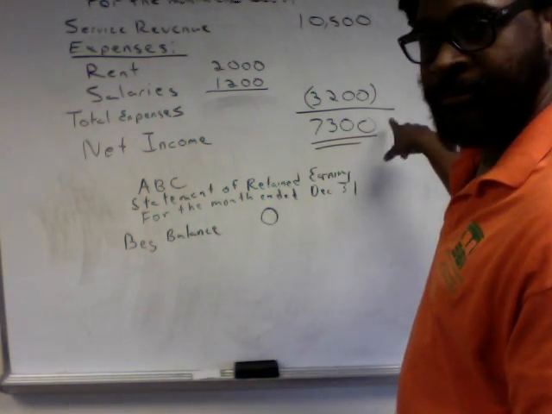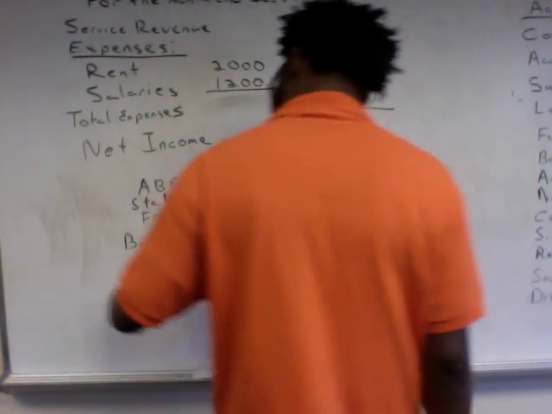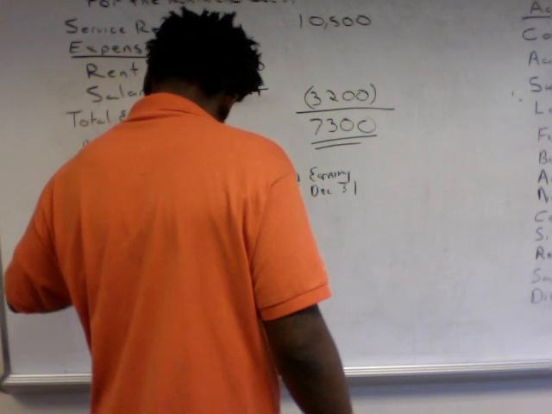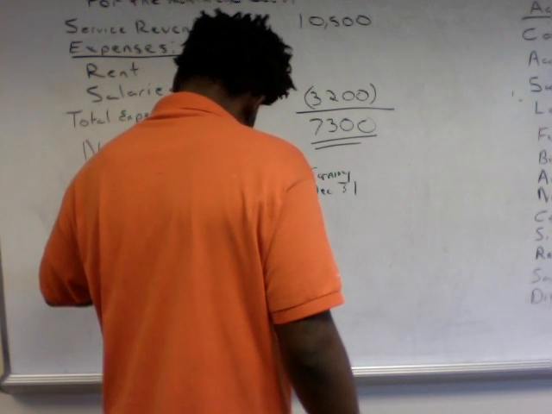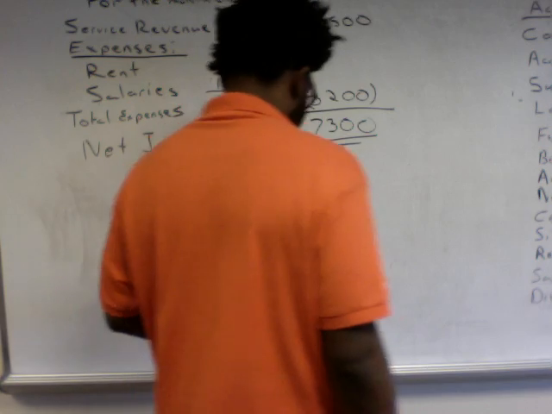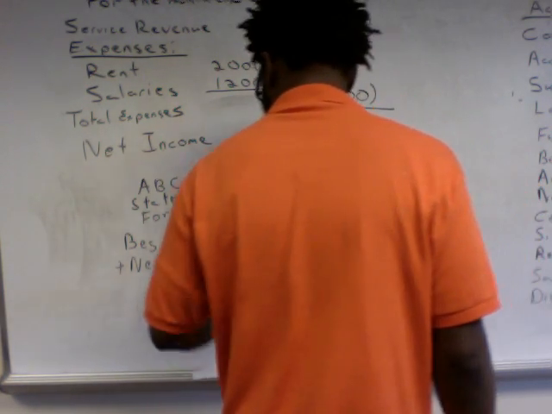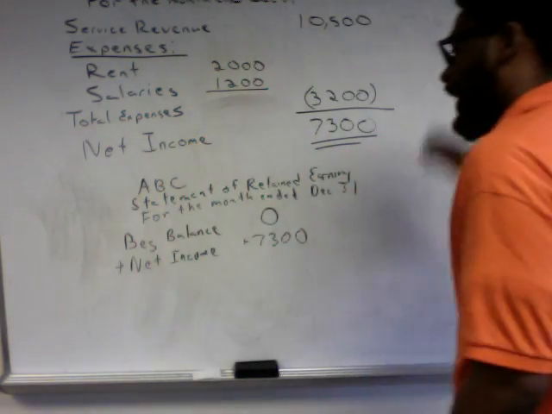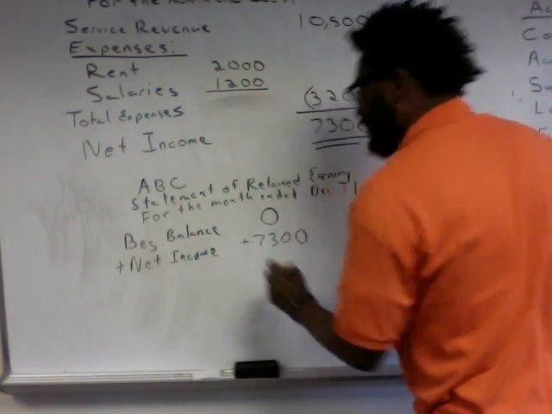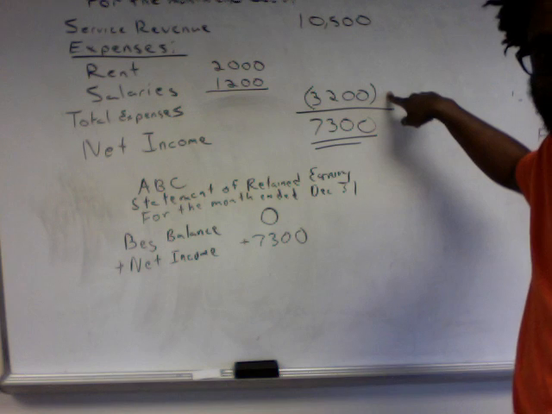We already said what affected: net income. So we had some net income from the period. So we're going to add net income. Of course, if we had a net loss, we would subtract that, but that's not the case in here. Which brings me back to why do I have parentheses here?